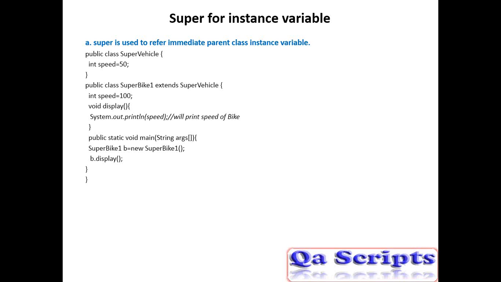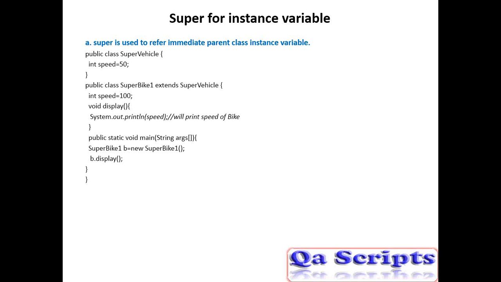After creating the int speed variable and assigning 100 as its value, I am going to create one method called void display. Inside void display, I will use system.out.println to print the speed. The value of speed is what I would like to print out here.